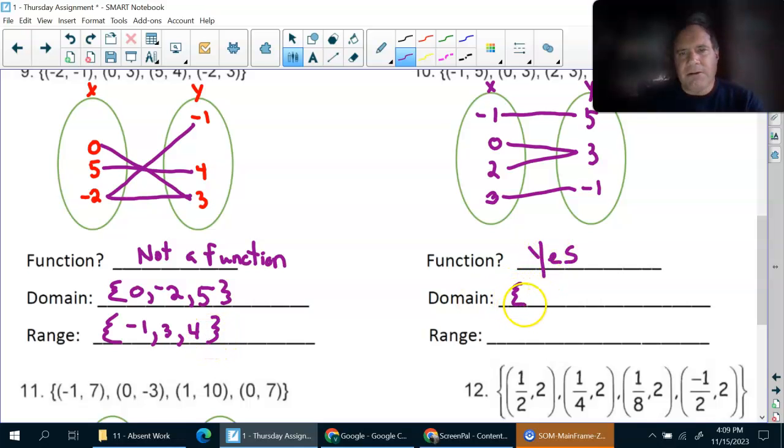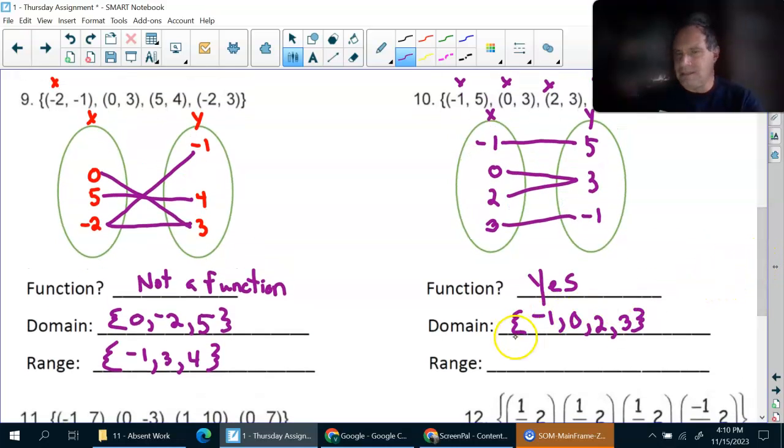The domain here would be -1, 0, 2, 3, listed in order from least to greatest. And then the range would be -1, 3, only once, even though it's repeated, and 5.